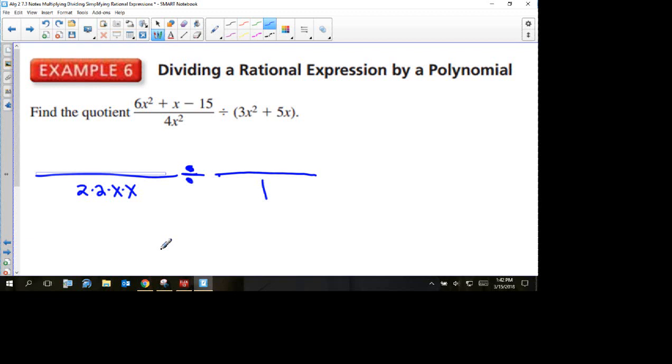First step is factor. Okay, so you cannot pull the x out because it's not in all 3 terms. You can't pull the 6 out. It's not in all 3 terms. So you have to have numbers in front of the x so that when you multiply together, you get 6x squared. See inside your parentheses.